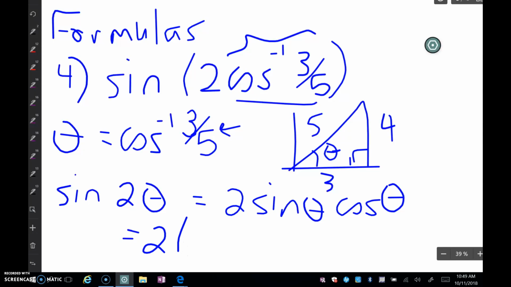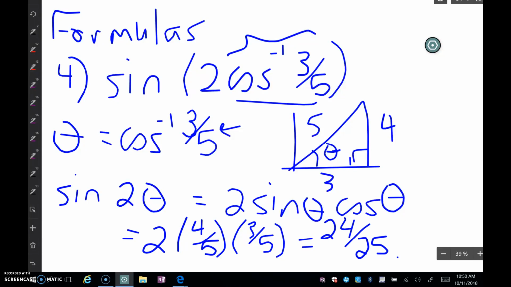From my right triangle, I see that the sine is 4/5 because it's y over r, and my cosine is 3/5 because it's x over r. And if I multiply all of that together, I get my answer, which is 24/25. So that's not that bad if you can decode what exactly it is they want you to find.